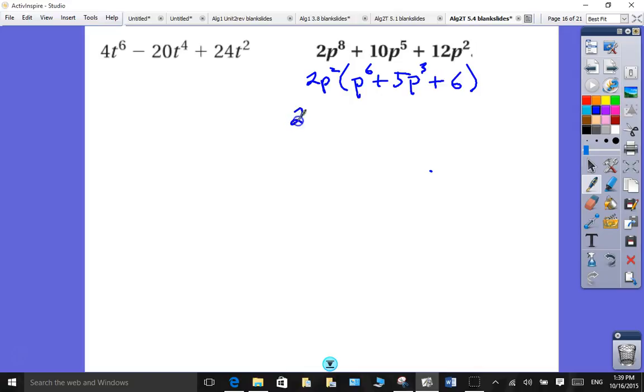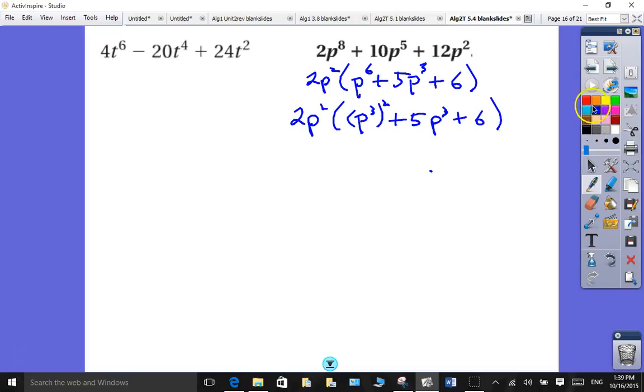Okay, but I can rewrite that like this. 2p squared times p to the 3rd squared plus 5p to the 3rd to the 1st plus 6.